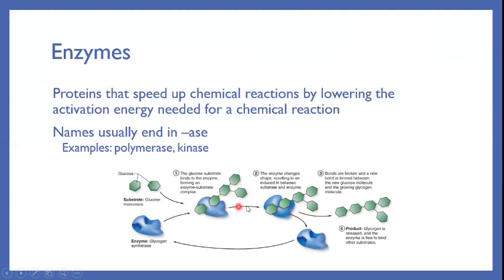So that's how we build the glycogen while also maintaining that proper temperature for the body. You have enzymes for many different chemical reactions all throughout your body, and they're all specialized for their substrate. This enzyme is not going to combine anything but glucose molecules.